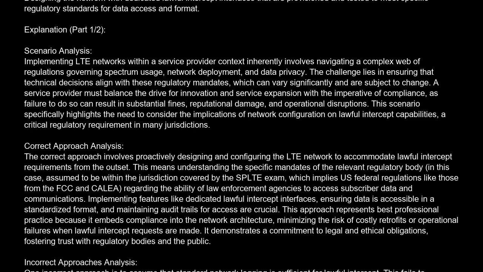This means understanding the specific mandates of the relevant regulatory body, in this case assumed to be within the jurisdiction covered by the SPLTE exam, which implies U.S. federal regulations like those from the FCC and CALEA, regarding the ability of law enforcement agencies to access subscriber data and communications. Implementing features like dedicated lawful intercept interfaces, ensuring data is accessible in a standardized format, and maintaining audit trails for access are crucial.